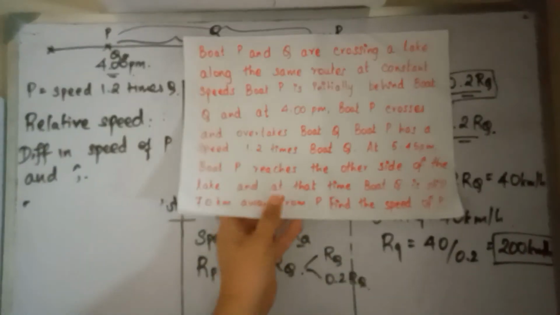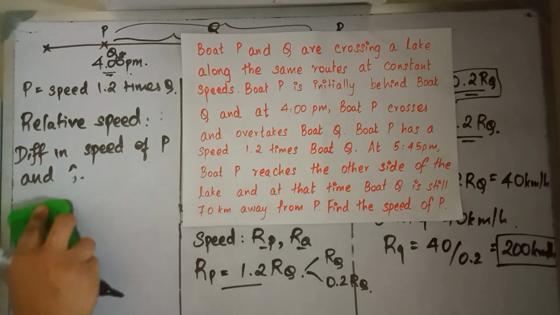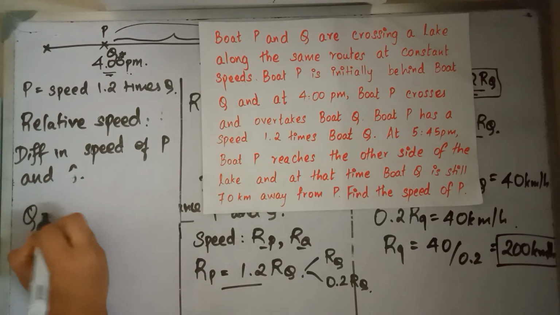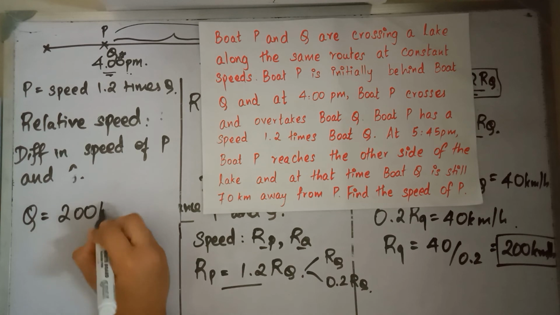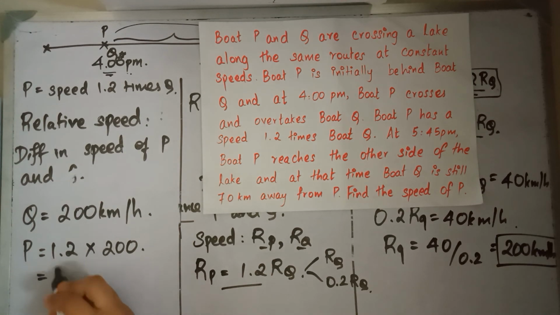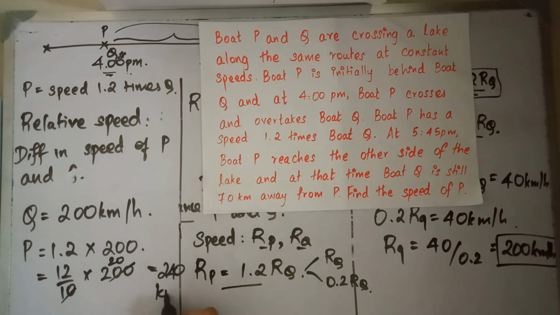The question wants us to find out the speed of P. If Q travels at 200 kilometers per hour and P is 1.2 times the speed of Q, then this is actually equal to 12 by 10 times that of 200, and this is 240 kilometers per hour. So this will be the speed of boat P.